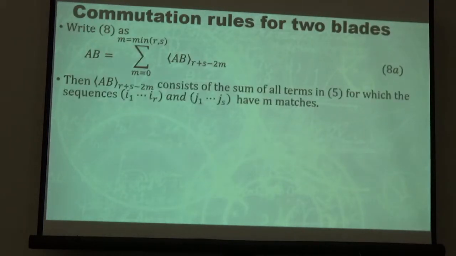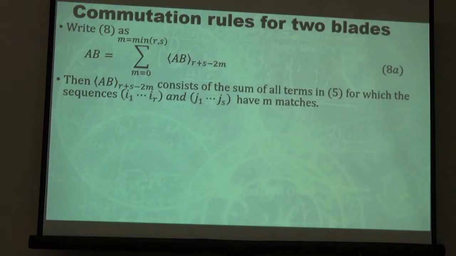So here we go back to our condensed language, and we rewrite 8, from m equals 0 to n, where n is the minimum, because we only have so many that we can match up with, or possible ones. So we end up with the bracket AB of grade R plus S minus 2m, which is actually seen in the geometric algebra that I was studying by Hestenes.